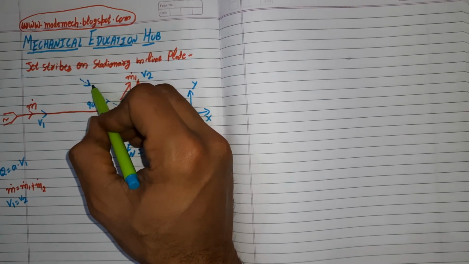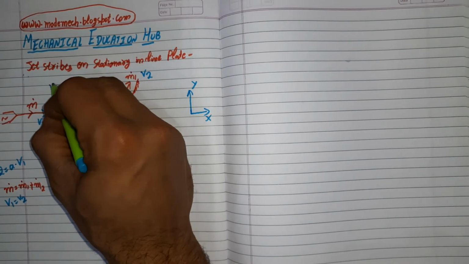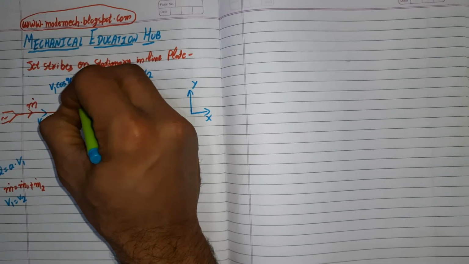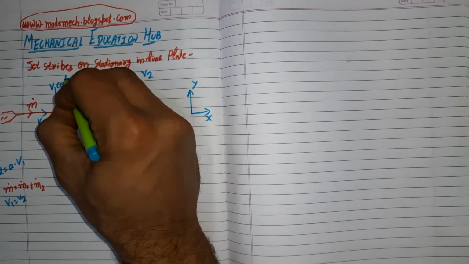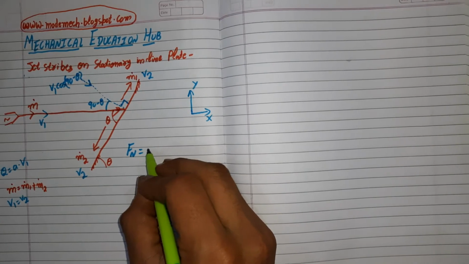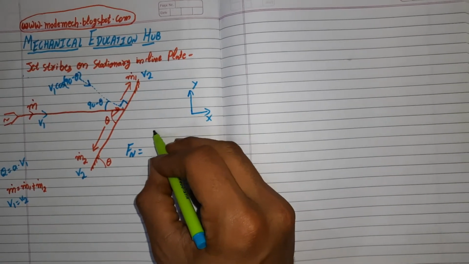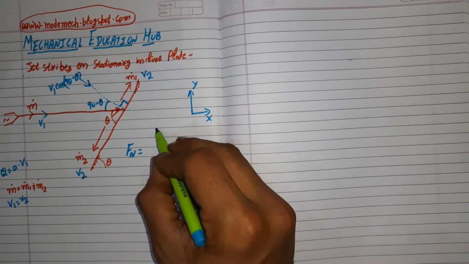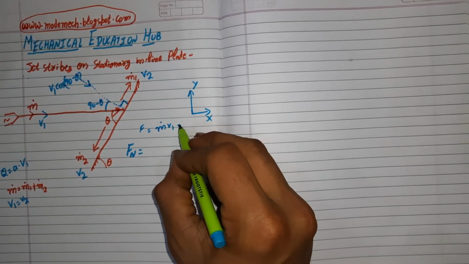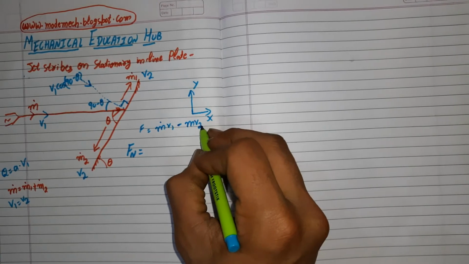Now this normal component will be v1 cos 90 minus theta. So we remember the formula that force is m dot v1 minus m dot v2.